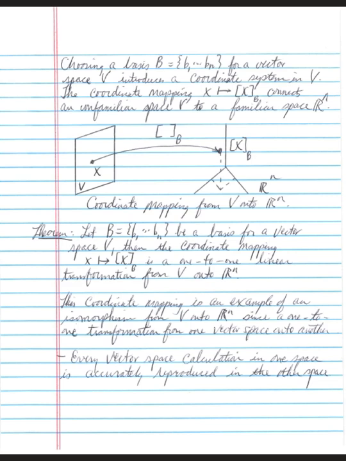The coordinate mapping is an example of an isomorphism from V onto R^n, since it is a one-to-one linear transformation from one vector space onto another. Every vector space calculation in one space is accurately reproduced in the other space. And so that's why X will map onto X sub B, but they're one-to-one, so everything's accounted for.